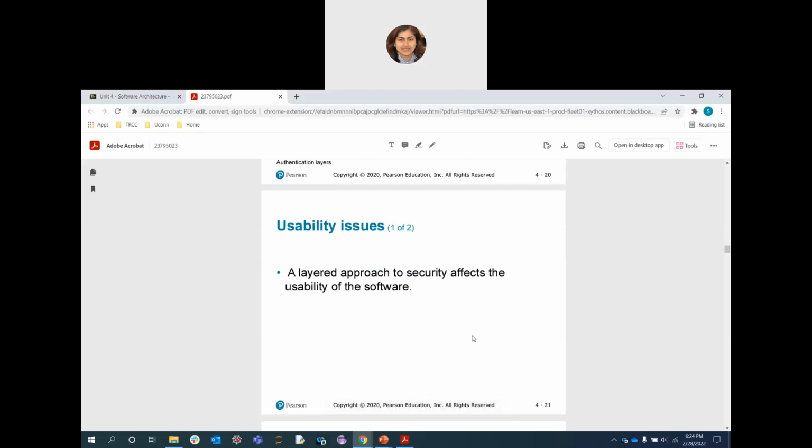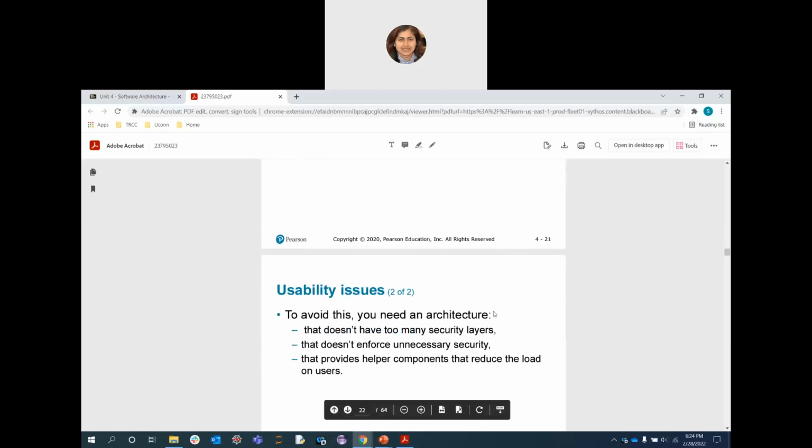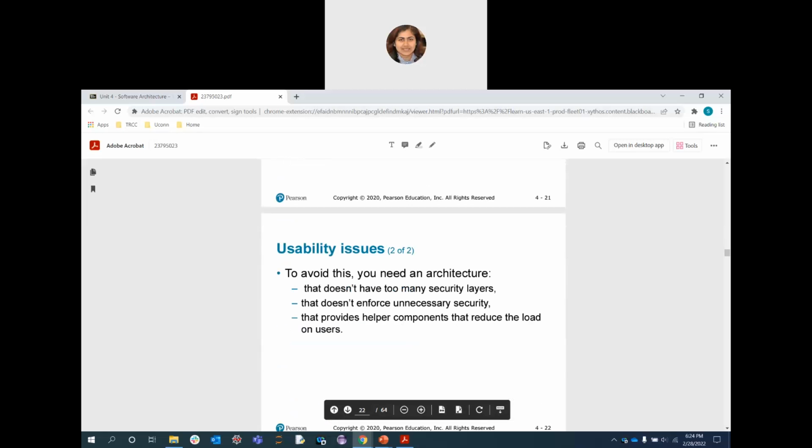How to avoid this is explained here. To avoid this, you need to incorporate all these things in your architecture. You need to ensure that you don't have too many security layers and don't enforce unnecessary security.